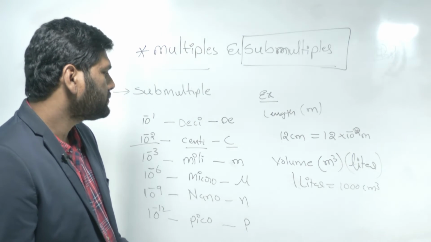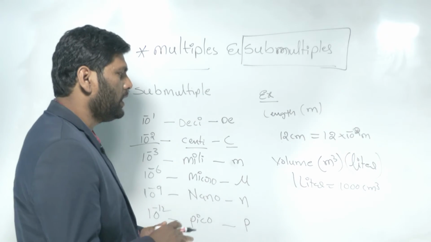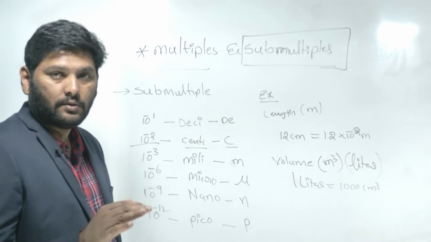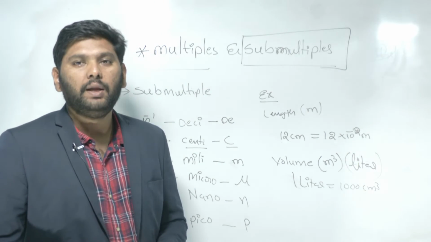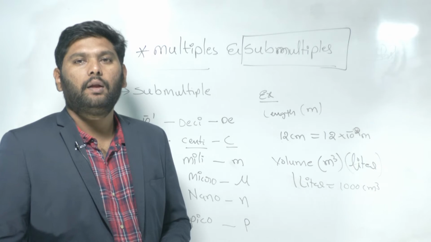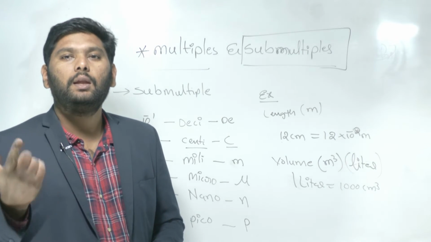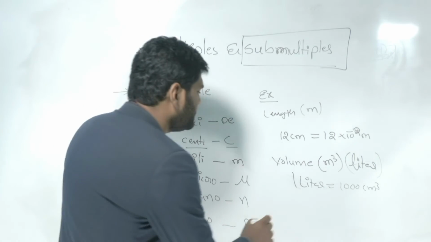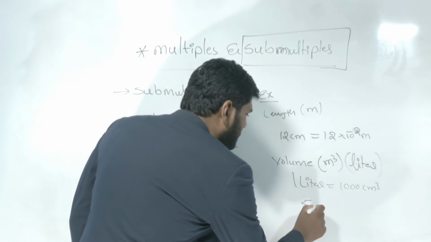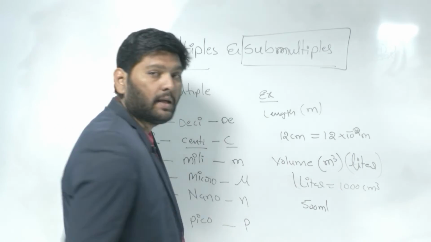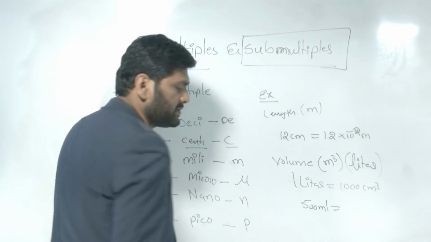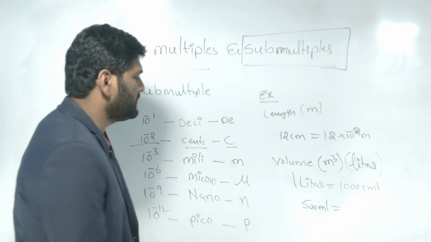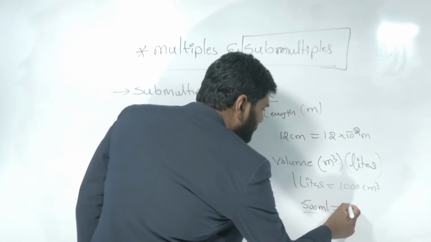But here, how do you express this volume? Nowadays, when purchasing milk, on the milk packet you will observe 500 ml. This is the way you will observe the expression. What does this expression stand for?